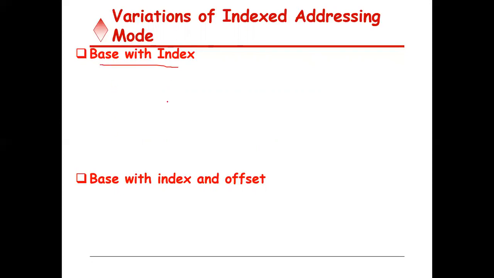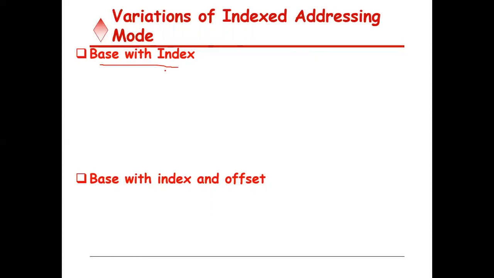Base with index means you now have two values: the constant value, also called the offset value, and the register content. Till now, in the index register, only one value was kept inside the register.